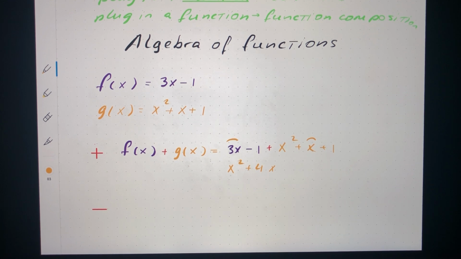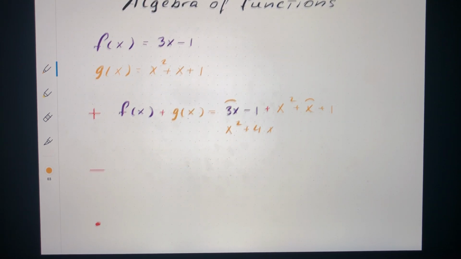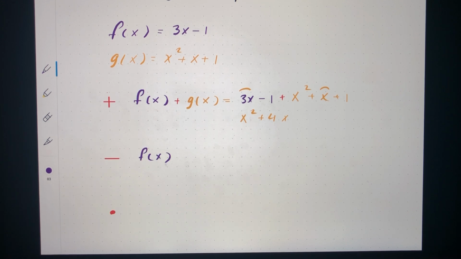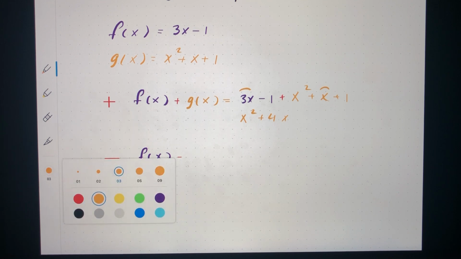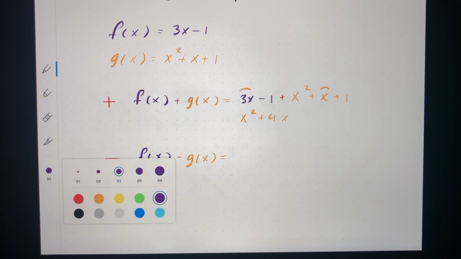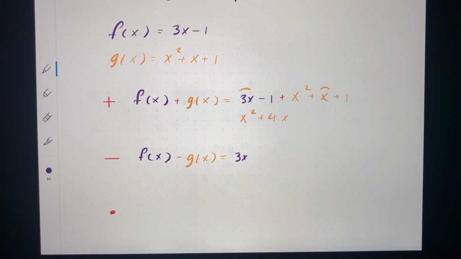If we are minusing the functions, we follow exactly the same process. We write the function f of x minus the g of x, and then we minus them. The only difference is now when we are minusing, we're minusing not just the first term, we're minusing everything.